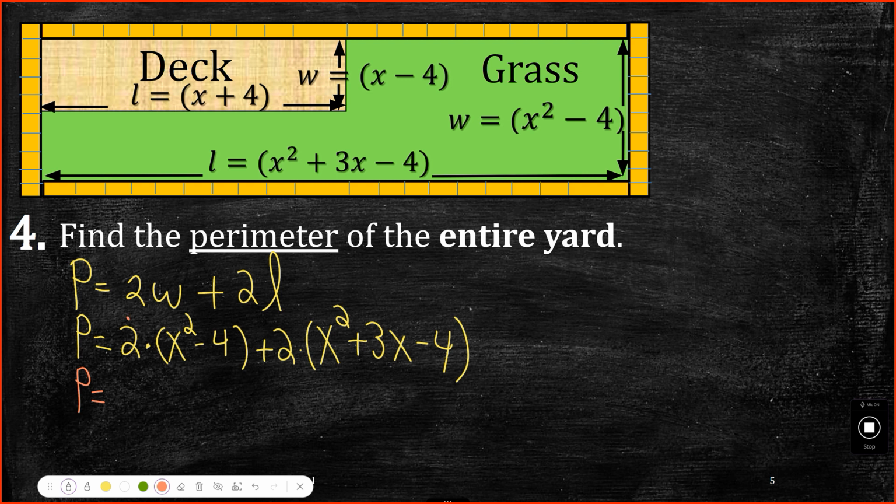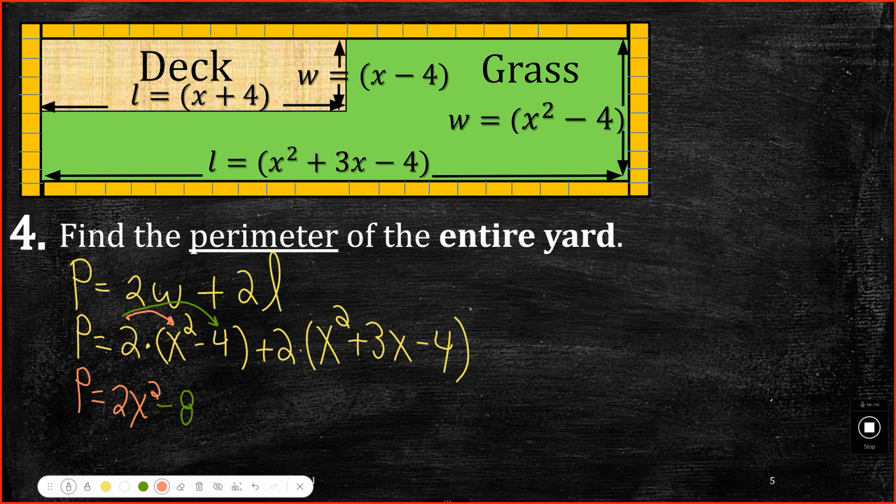What is 2 times x squared? What is 2 times negative 4? Negative 8? Distribute.